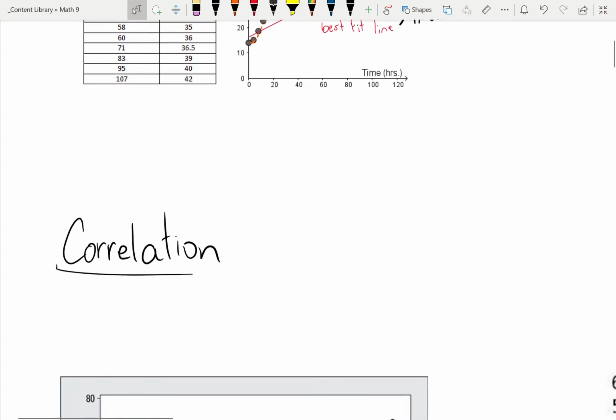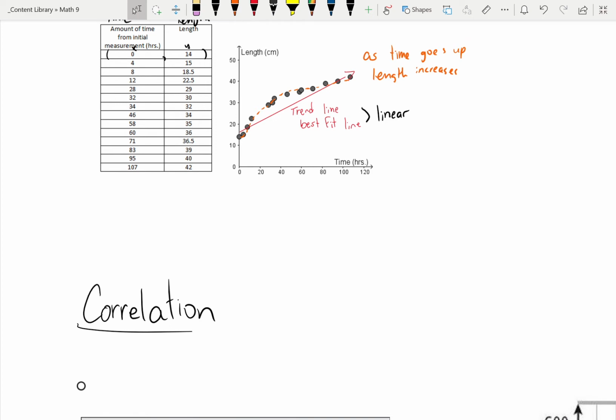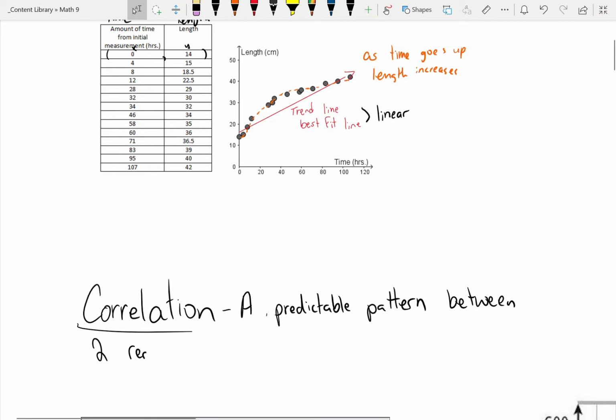And here is where we get to our first key term. We have talked about trend lines, but this one is correlation. This is what we'll call a predictable pattern between two real-world variables.